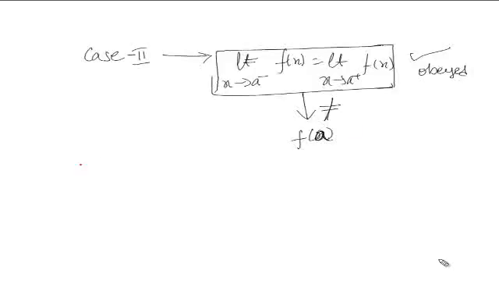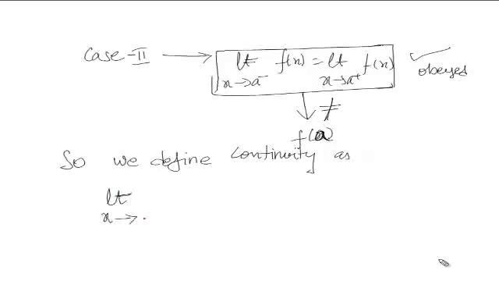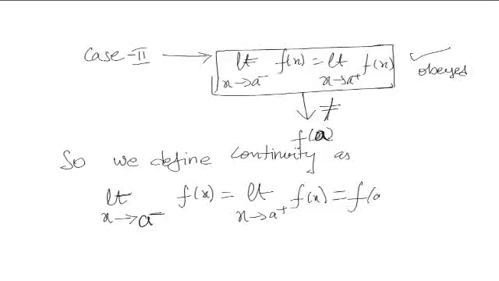So we define continuity as: limit x tends to a minus f of x should be equal to limit x tends to a plus f of x, which should be equal to f of a.